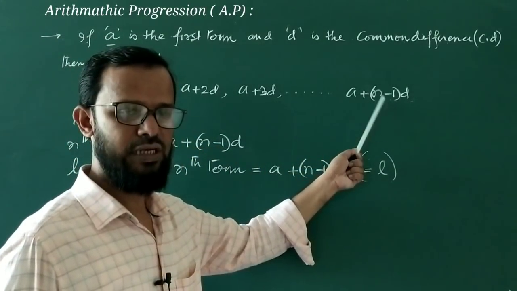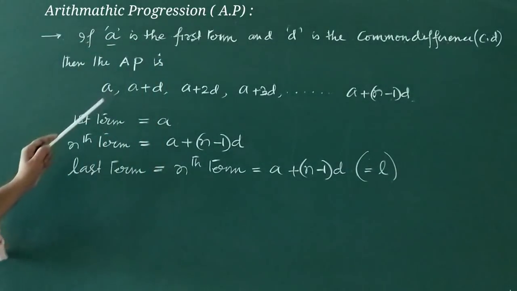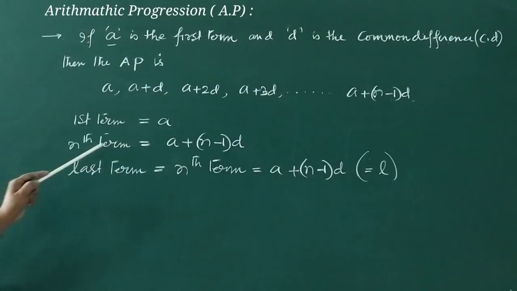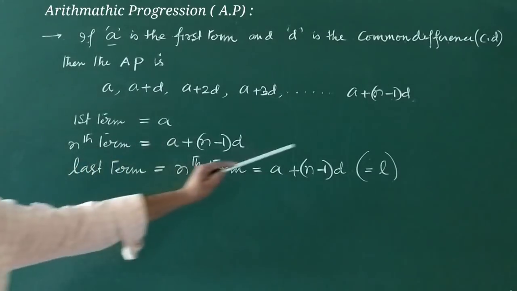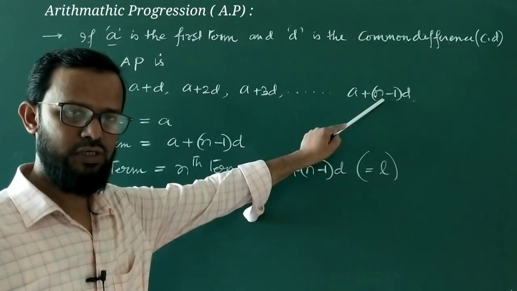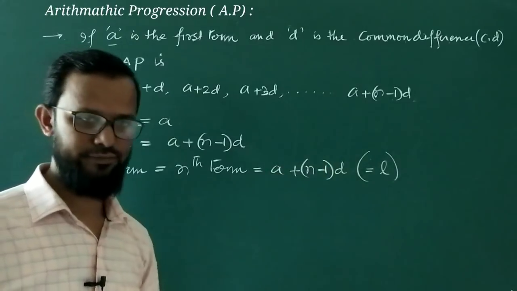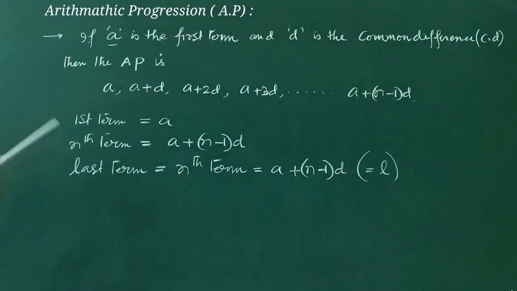Now in this progression, the first term is a and the nth term is also called the last term of the arithmetic progression, usually denoted by l. The last term is the nth term. These are the basic information about arithmetic progression.